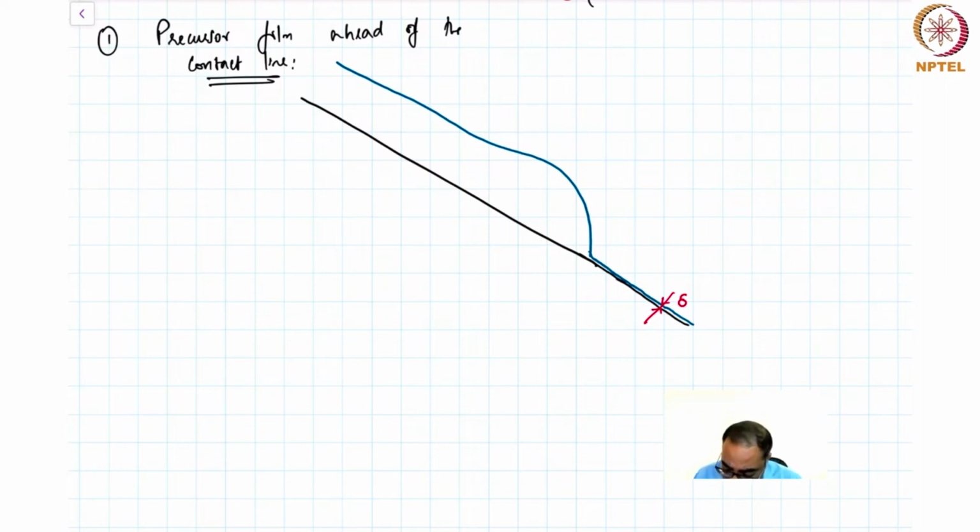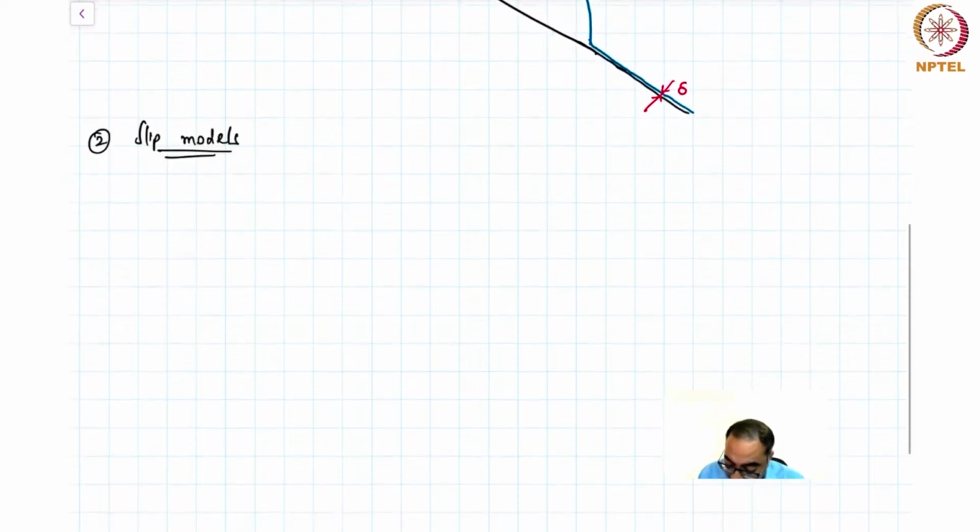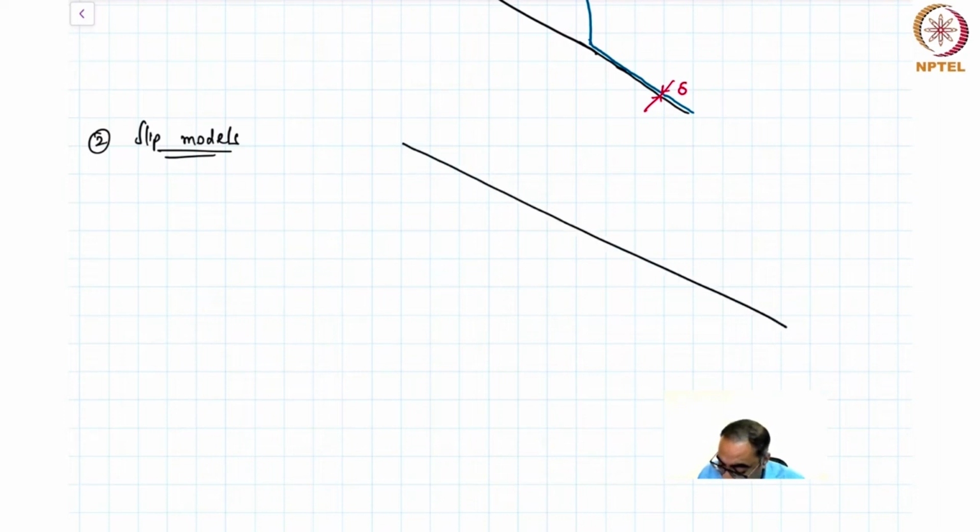Now the other approach, and I'll quickly go through the various approaches to the problem, is a slip model. There are a variety of slip models, but the main feature of these slip models is as follows. Again, let me draw the same.